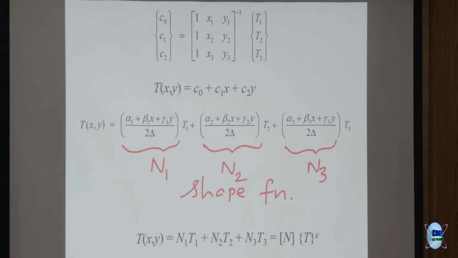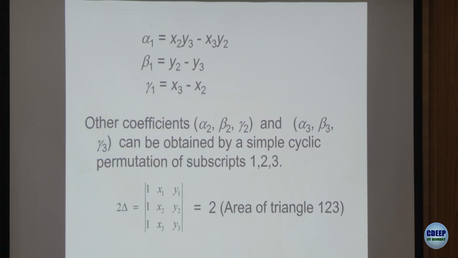A 3 by 3 inverse is not a trivial matter, but it is still doable. I can sit down and find the 3 by 3 inverse, and I am showing you the result. The determinant of that 3 by 3 comes into the denominator and I will do some manipulation. I can find the shape functions. All these intermediate steps I am not showing.